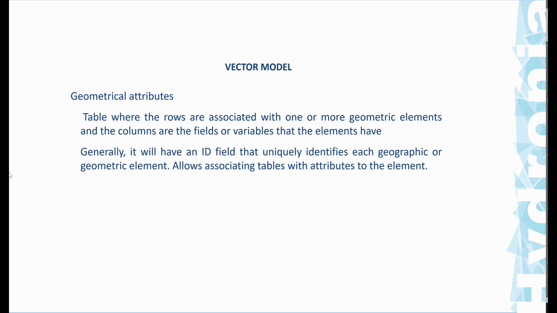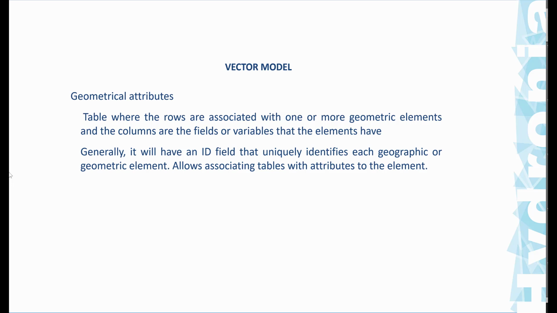So the vector model, as I mentioned, has geometric attributes. One of the advantages of the vector model is that the spatial elements have associated attributes. And this relationship can be one-to-one, so one spatial element corresponds to one record, or many-to-one, meaning that several spatial objects can have one record.